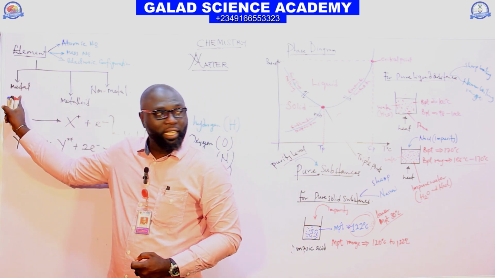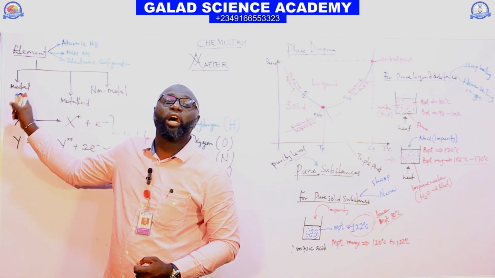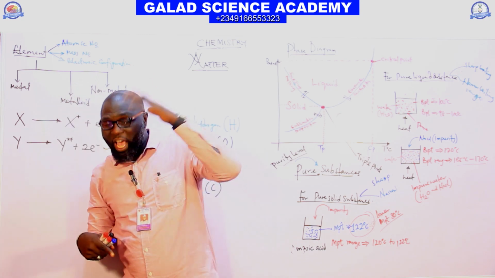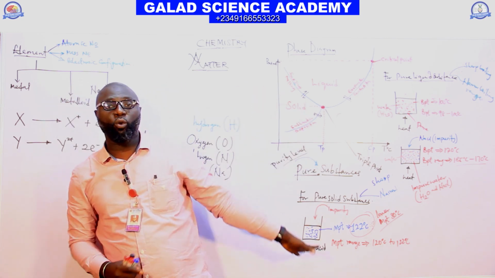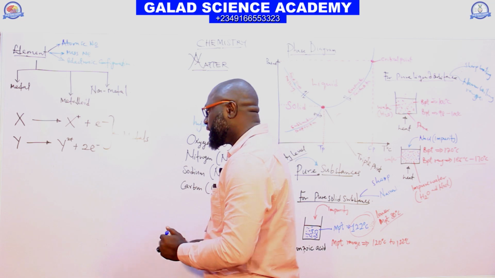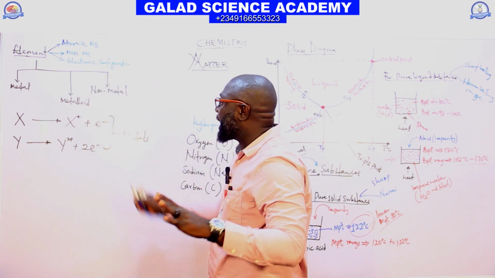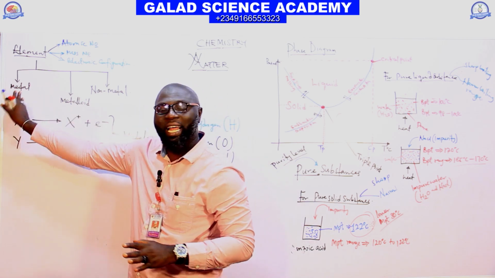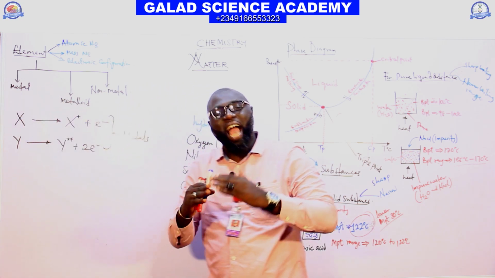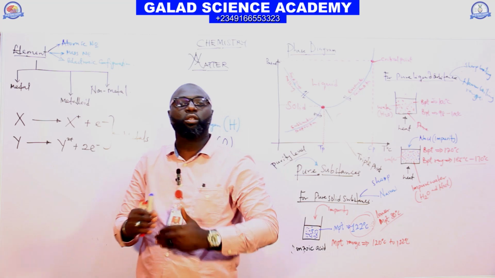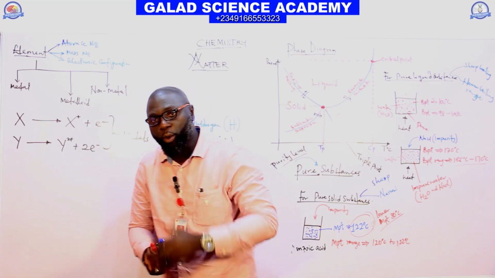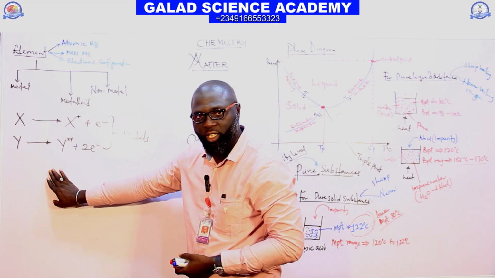So metals are also reducing agents. We will explain that one when we get to the periodic table. So just have it in your mind that metals are elements that ionize by loss of electron, and they will become a positive charge.